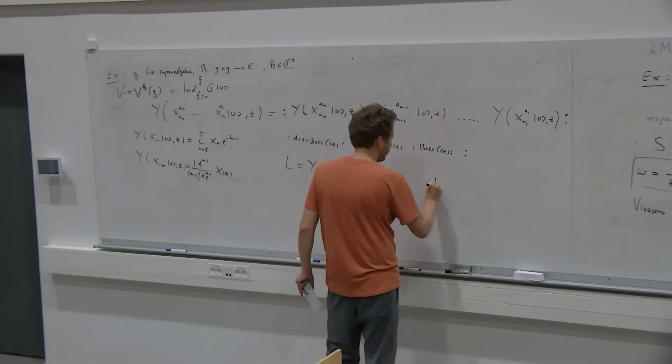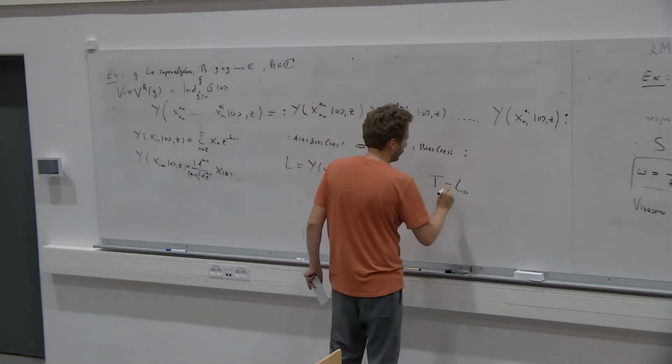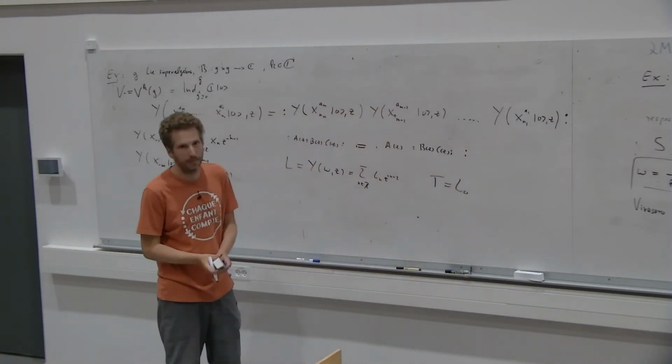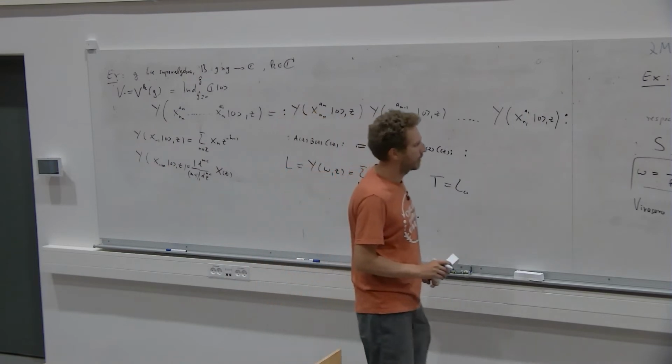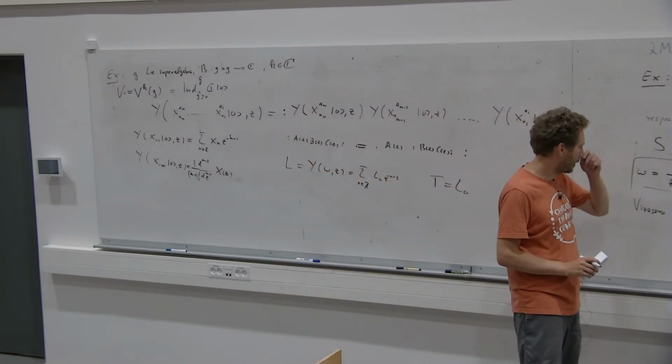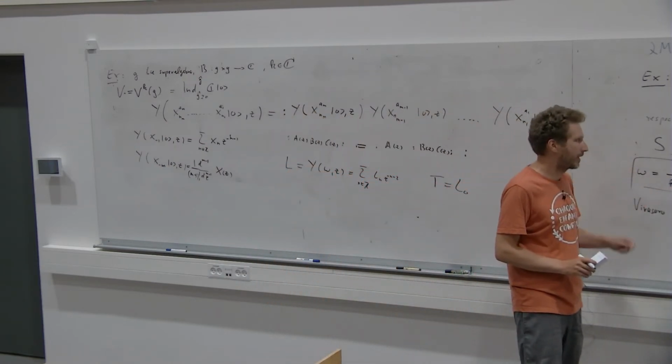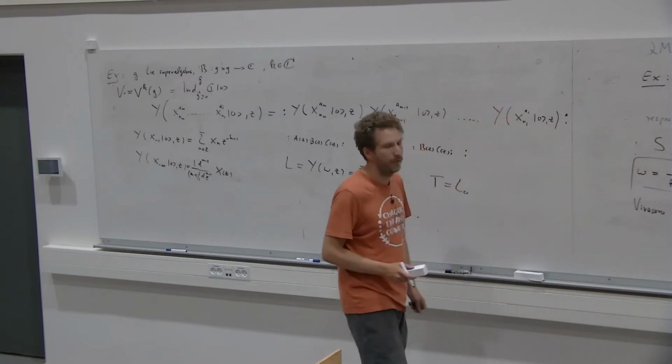And then it turns out you can define T to be the L naught. And it turns out also at critical level you can have a T. It will then in that case just not come from the Virasoro algebra.